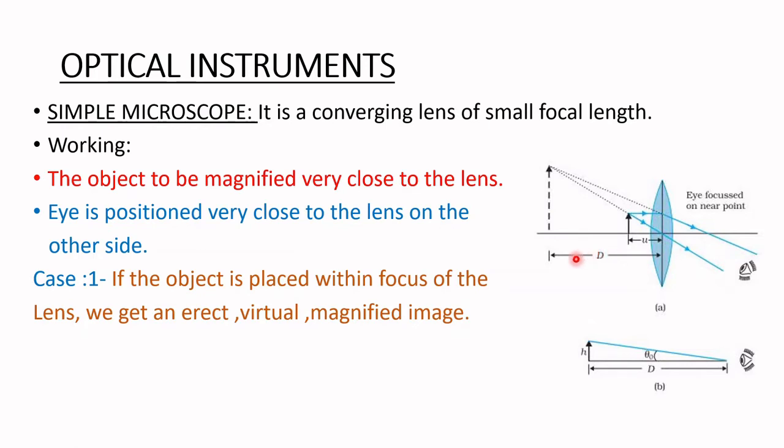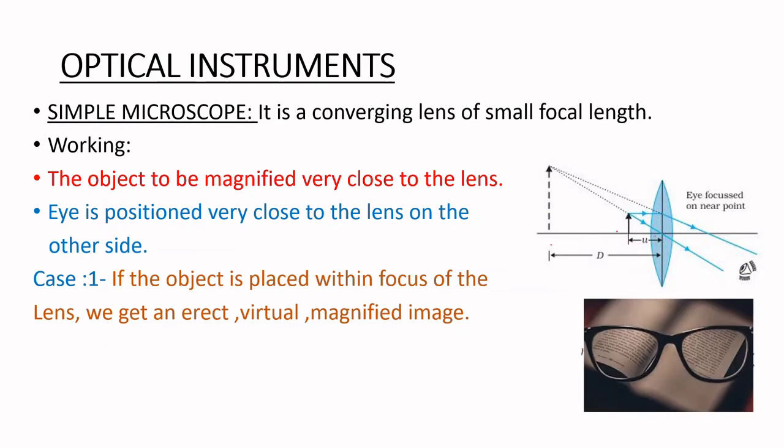Now we will find the magnification with the help of this ray diagram, for the object kept at a distance u, within the focus of the convex lens. The image is formed at the least distance of distinct vision.